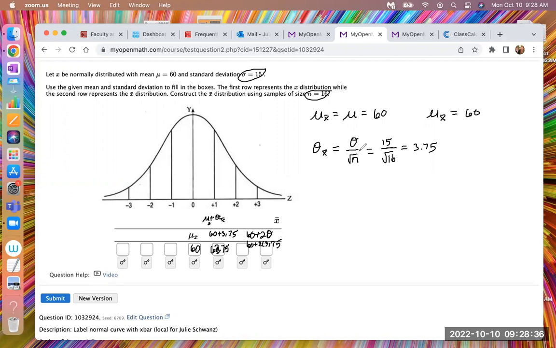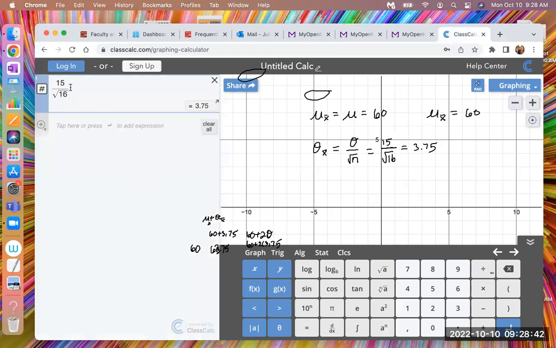You might be able to put that straight in the calculator as is. I don't really always trust my calculator. So we do 60 plus 2 times 3.75, and I believe it's doing it correctly. 2 times 3 is around 6, so that looks like the correct answer. Sometimes calculators do follow the order of operations, but I never trust a calculator, because I want it to work no matter what calculator I'm working with.